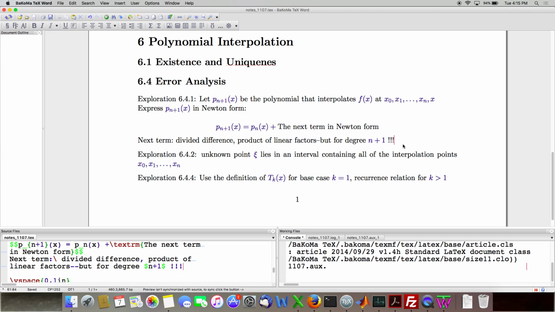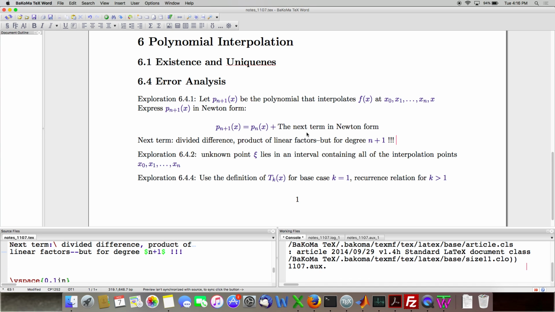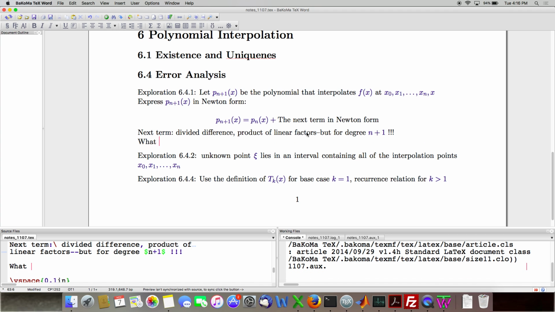Not here anyway. Now, for the divided difference, that's where the other part of the hint comes in. The last tidbit I'll give you for this problem is, what else do we know about Pn plus 1?